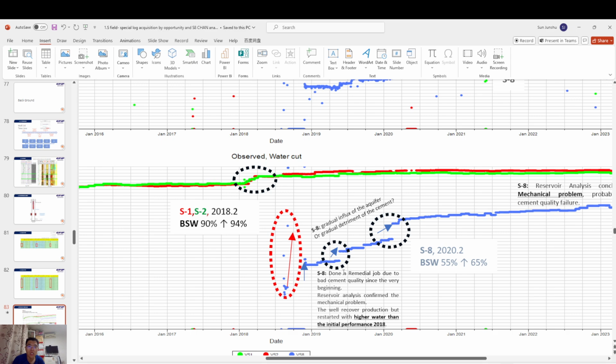In November, a radical drop due to bad cement quality since the very beginning. Reservoir analysis confirmed the mechanical problem. The well recovered production, but restarted with higher water than the initial performance in 2018.